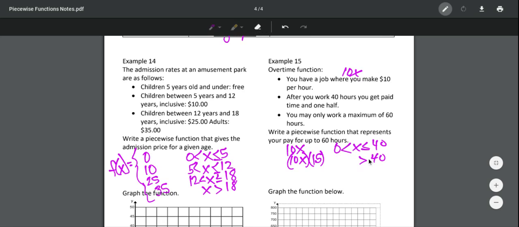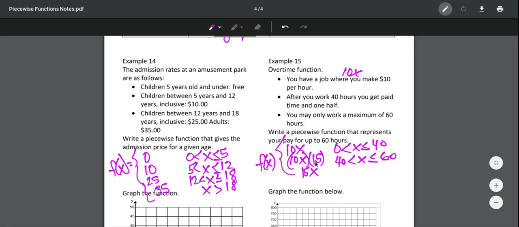We can only go to 60 hours. So our time for time and a half is really from 40 to 60. And that's our piecewise function. Now remember, this is 15x here. That'll help us graph it.